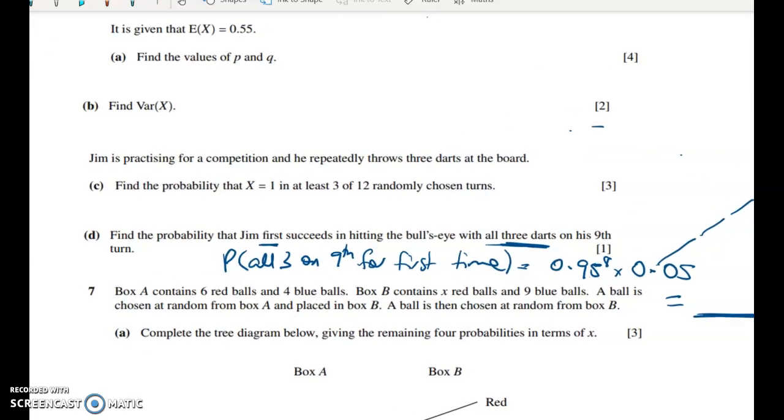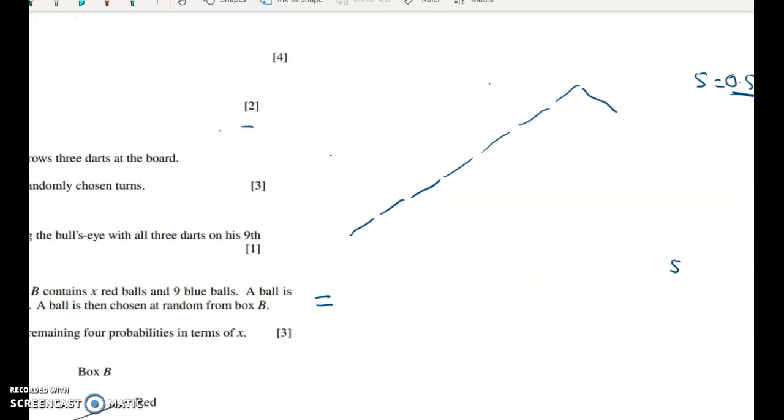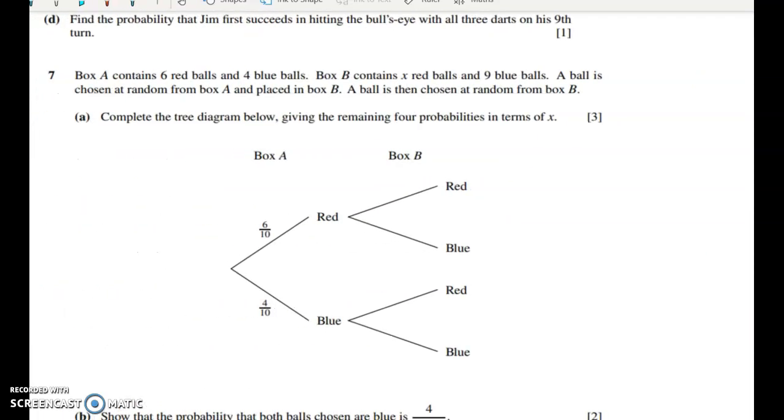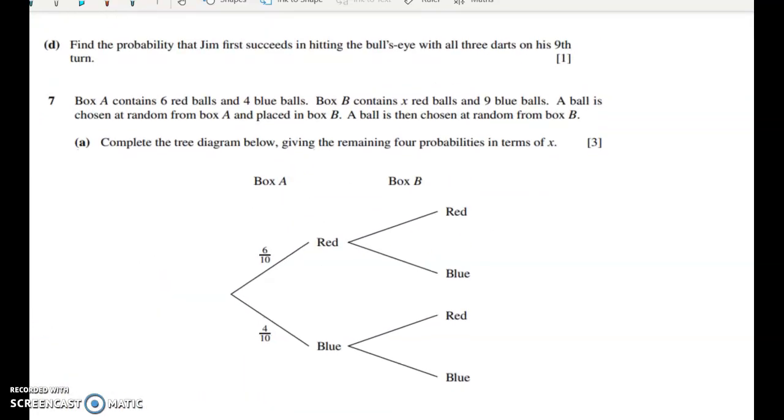Right, now on to part 7. So in question 7, completely different setup, but a pretty straightforward tree question as long as you've read the wording really carefully. The first part of question 7 is just requiring us to fill out the tree diagram. And then the second part and the third part uses information from that tree.